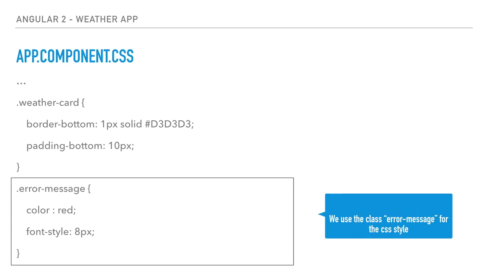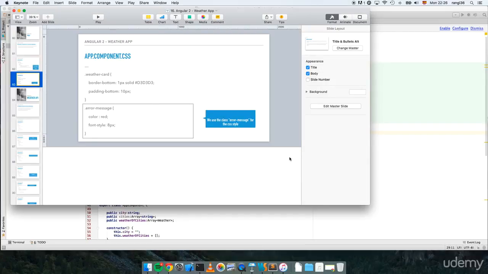So we come to the style. Inside the style, here we have .error-message, color red, font-style 8 pixels. Well, actually font-size, there's an error here. Okay, so let's do this. It's pretty simple, but it's super important.